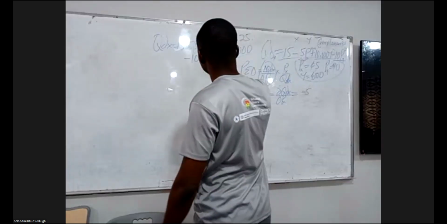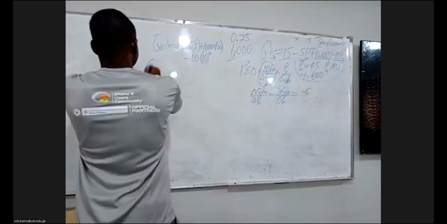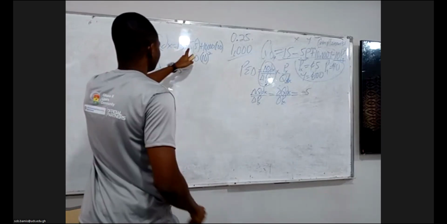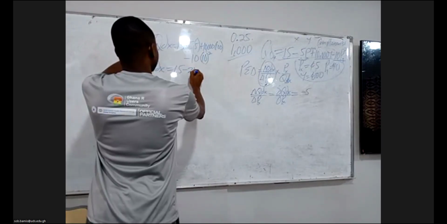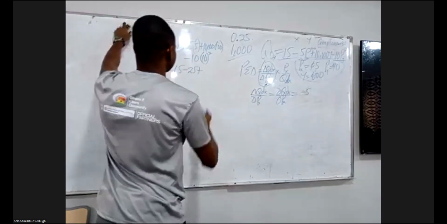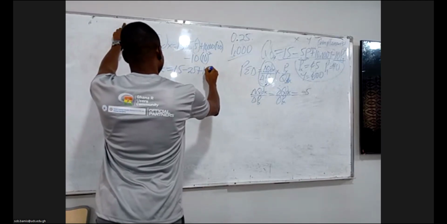So we put 10, and the number is squared. Excellent. So we have Qdx equals 15 minus 5 times 5 gives us 25, plus 10,000 times 100 gives us what? It gives us 1 million.